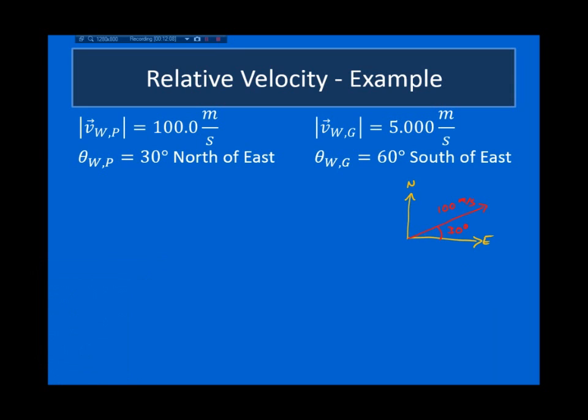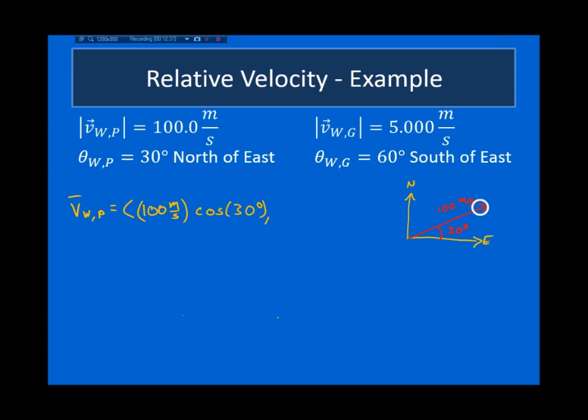So again, using my normal vector notation, where I take the first component as being the east-west component, then we can see here this east-west component is adjacent to the angle 30 degrees. So we would say that the first component of the velocity of the wind with respect to the plane is 100 meters per second. And because it's adjacent to the angle 30 degrees, we have cosine of 30 degrees.